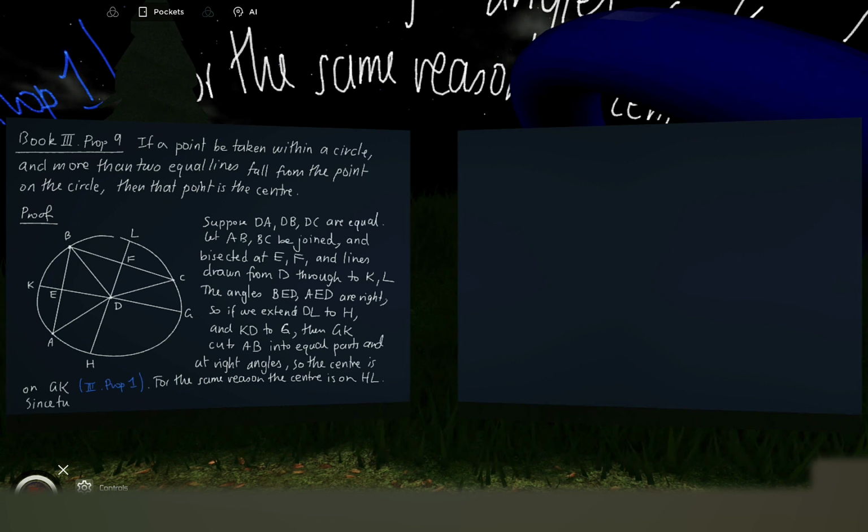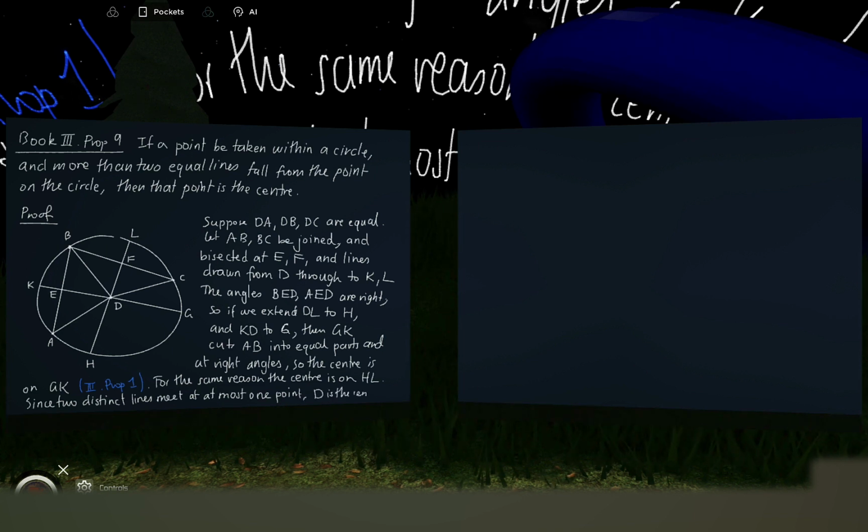So since two distinct lines meet at most one point, D is the center. Because the center is on both of those lines, and D is by construction on both of those lines, the center must in fact be D.